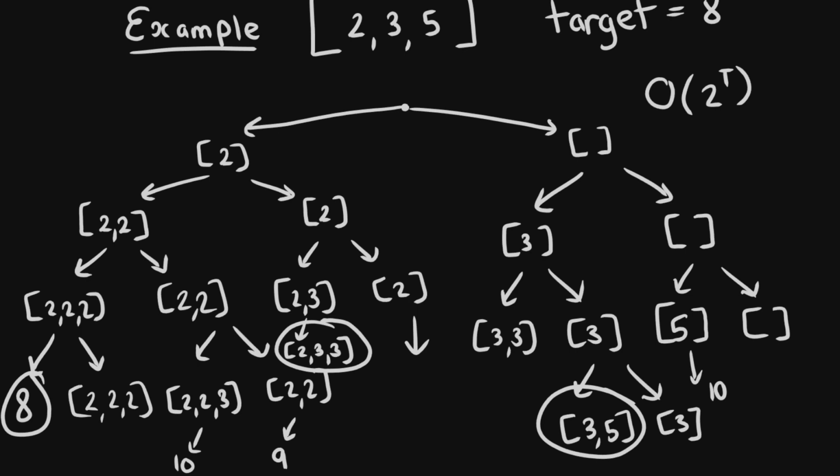So there would be basically target levels in the tree to constitute the height. So this is where this time complexity comes from. With that being said, we can go ahead and code this algorithm on LeetCode.